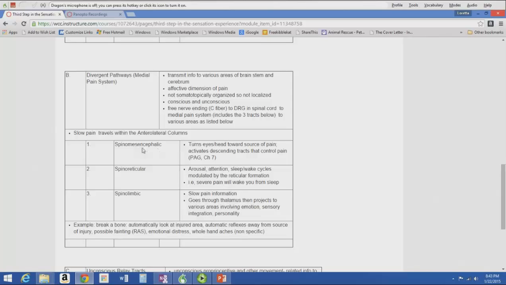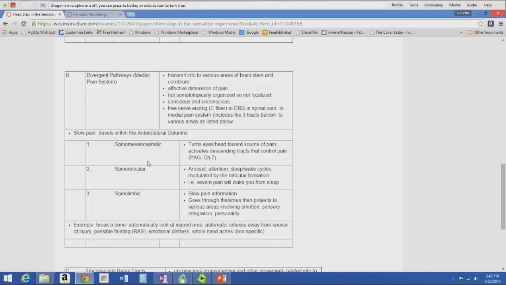And mesencephalic, cephalic is brain, mes is middle. So it goes to the midbrain. It goes to our autonomic systems that are controlled in the midbrain. And what the information that runs up that tract does is it turns your head and eyes towards the source of the pain.